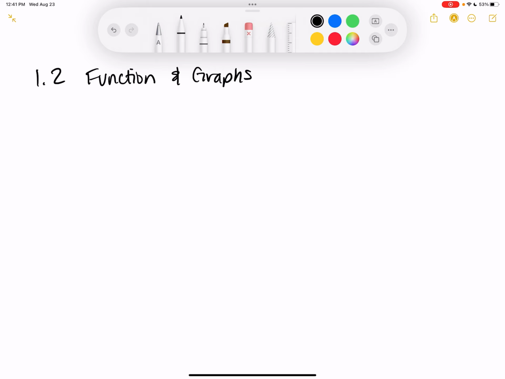Okay, functions and graphs. Domains are the inputs. Range are the outputs.